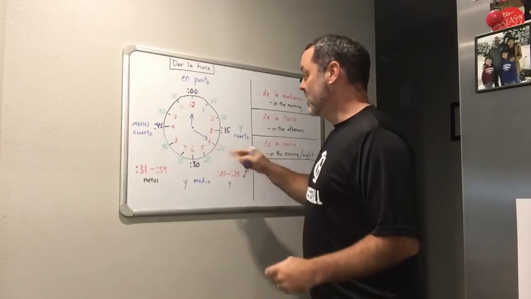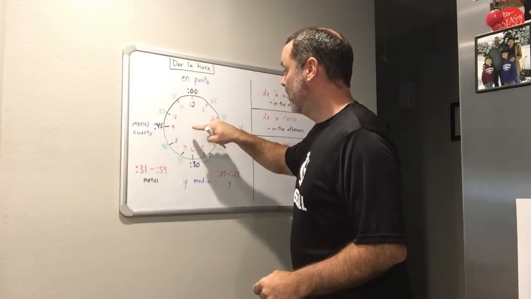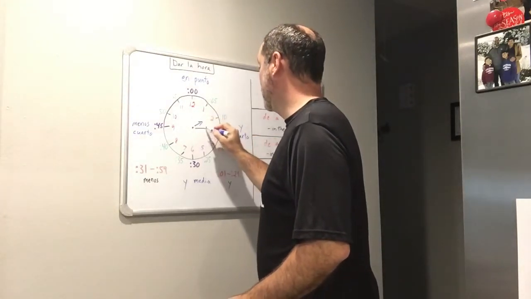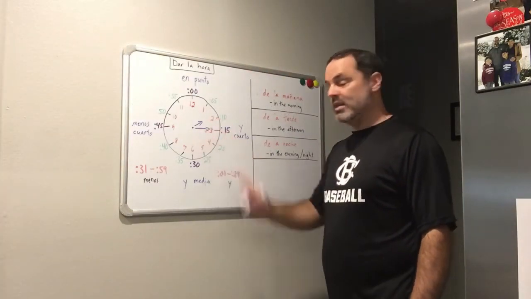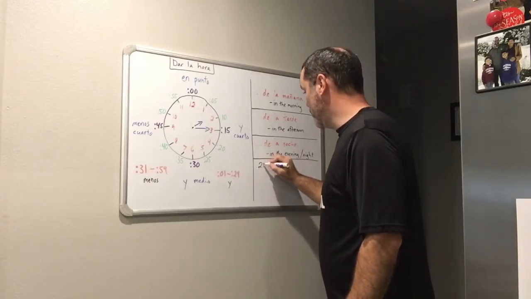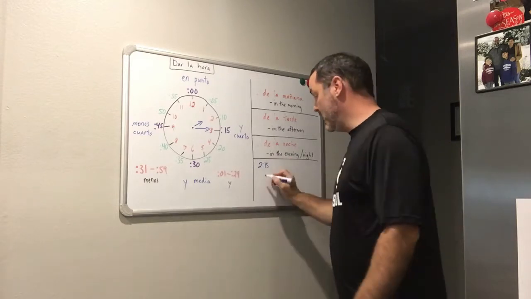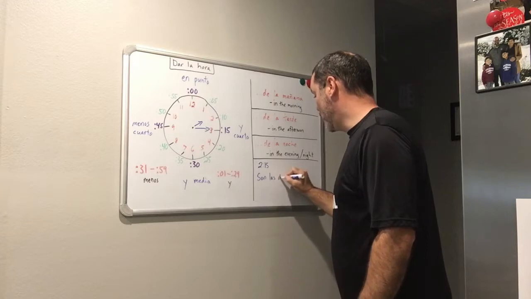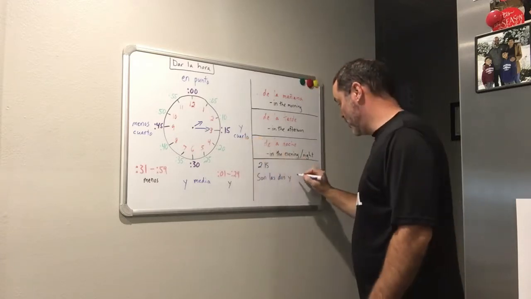So let's go ahead and change this up and let's say it's 2:15. The little hand's pointing to the 2, the big hand's pointing to the 3. The way we would say that would be "son las 2:15."